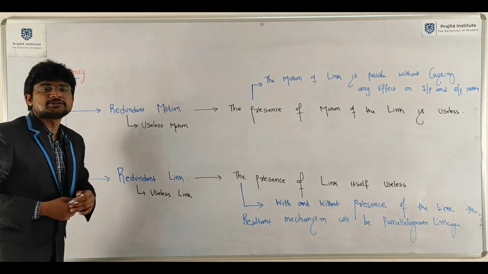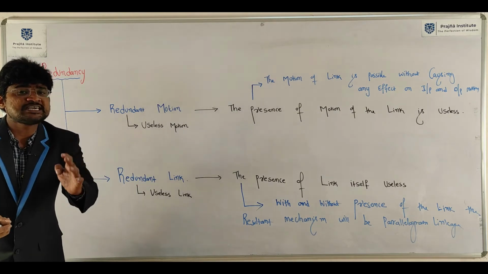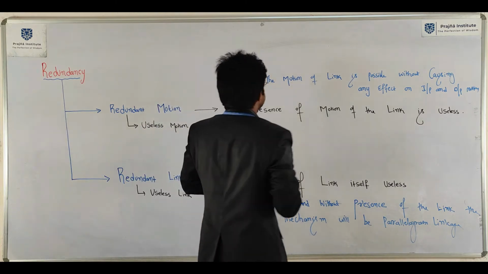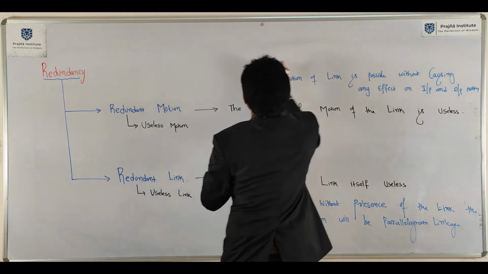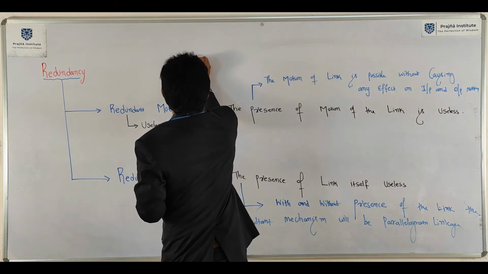What is the procedure to determine the degree of freedom of a mechanism when you see redundant motion in that particular mechanism? We need to use modified Grubler's criteria.